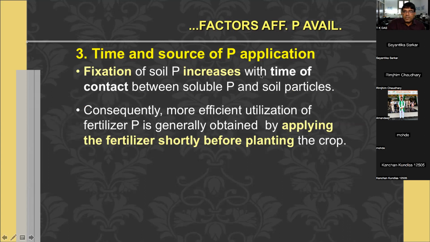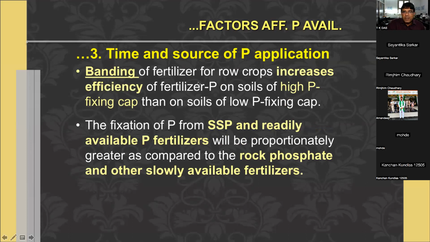Now, time and source of phosphorus application. Fixation of soil phosphorus increases with time of contact between soluble P and soil particles. The more the time, the more the fixation. Consequently, more efficient utilization of fertilizer P is generally obtained by applying the fertilizer shortly before planting the crop. Do not apply one month before. Blending of fertilizer P for row crops is always useful.